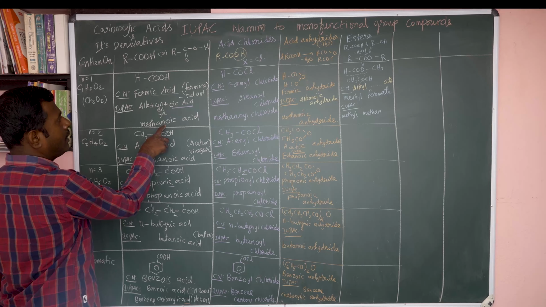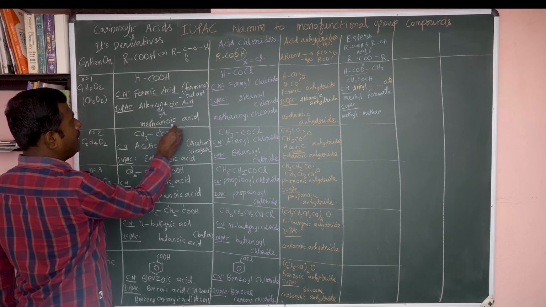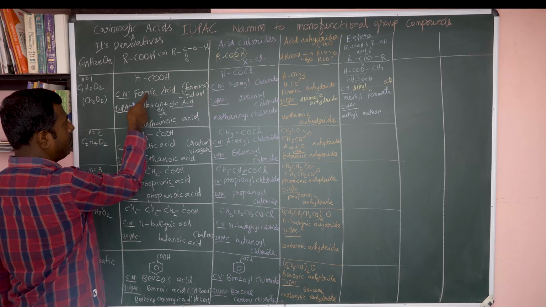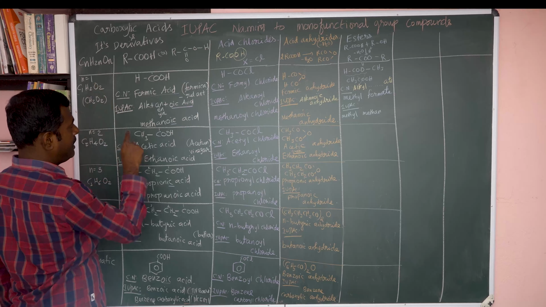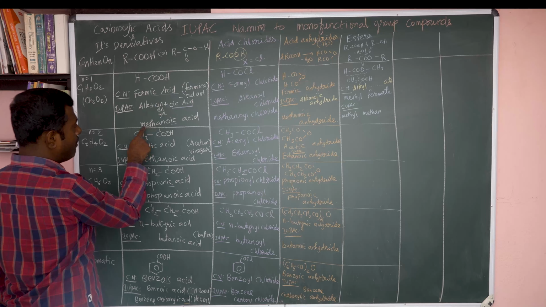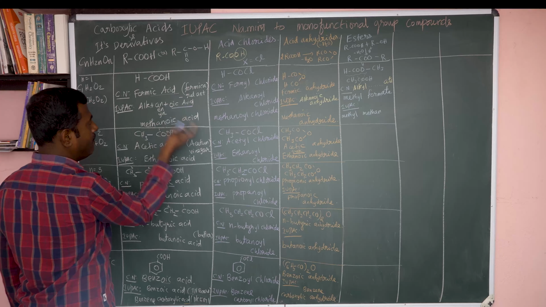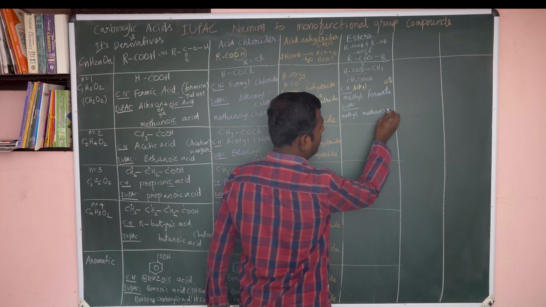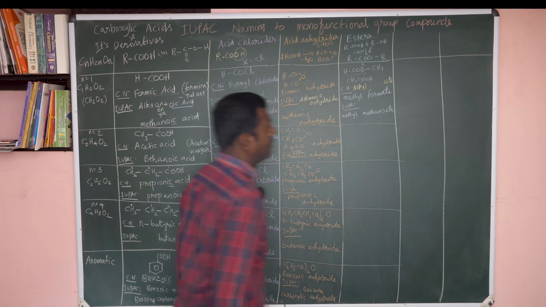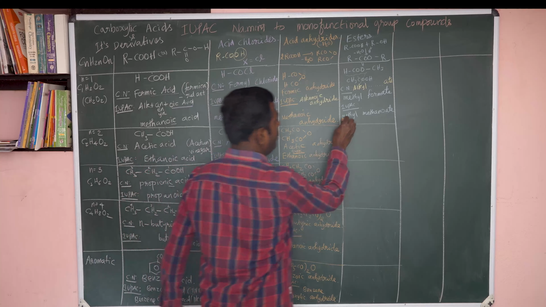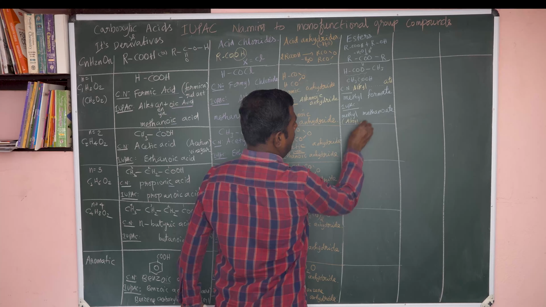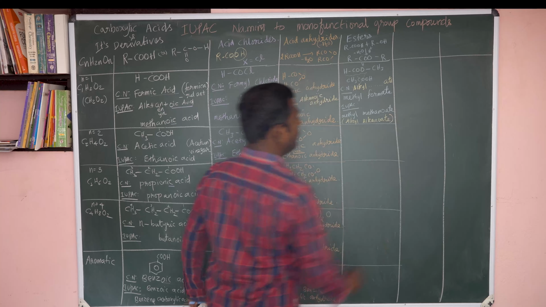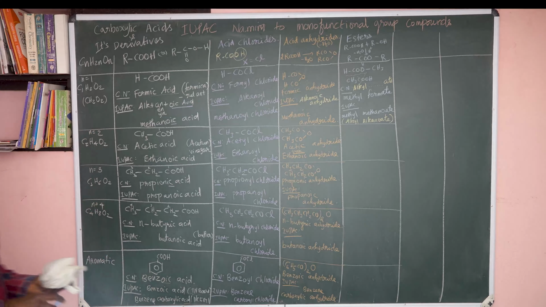Here "ic" is removed and replaced by "ate", so methanoate. So generally, the IUPAC name is alkyl alkanoate.